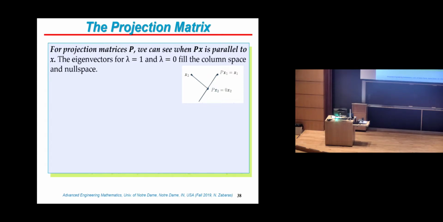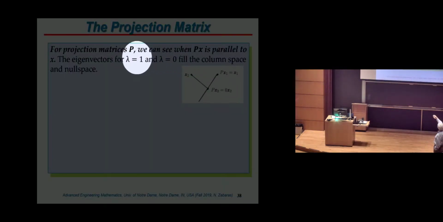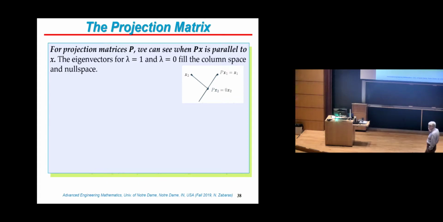So already we identified that one of the eigenvalues is lambda equal to 1. If this is the projection to some column space, lambda equal to 1 fills the column space. When it operates on any vector in that column space, those vectors remain unchanged.